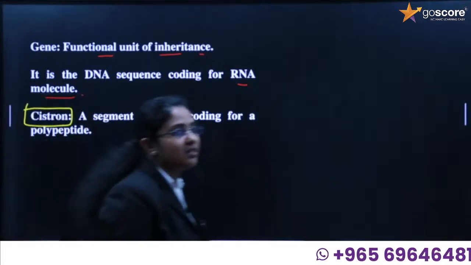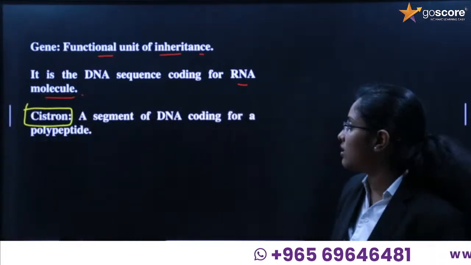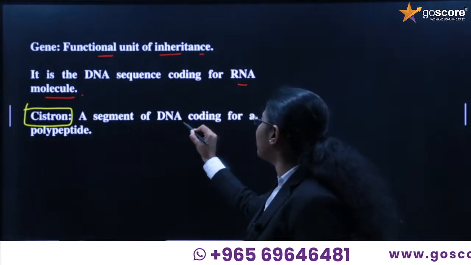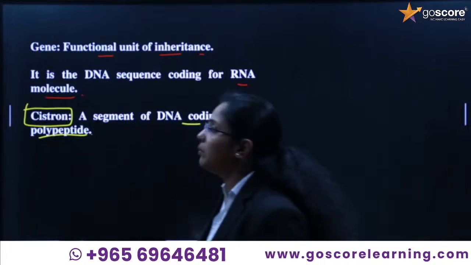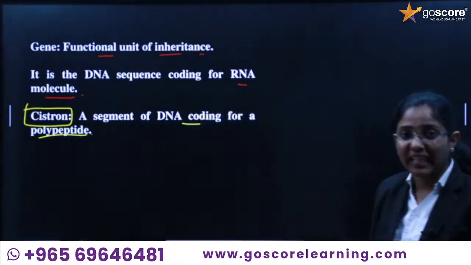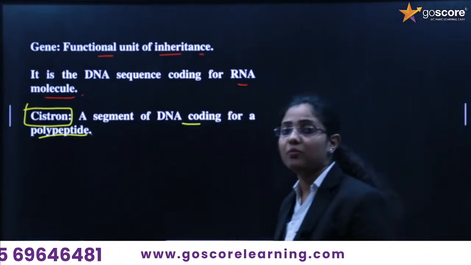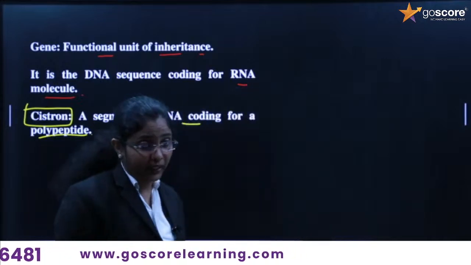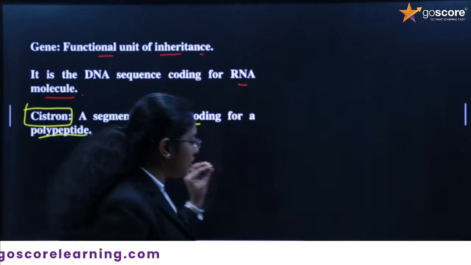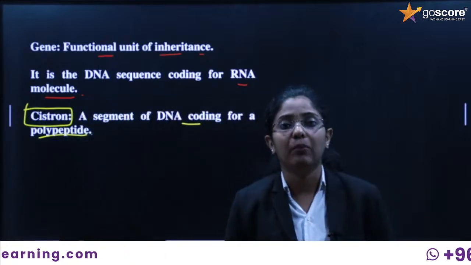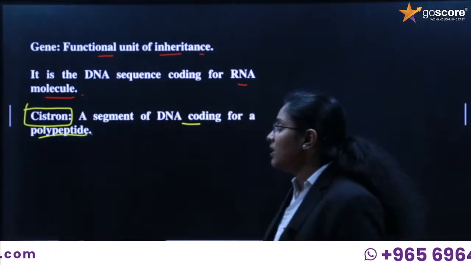A cistron is the segment of DNA which is coding for a polypeptide. Polypeptides come together to form a protein. So those genes which code for a polypeptide are known as cistrons.